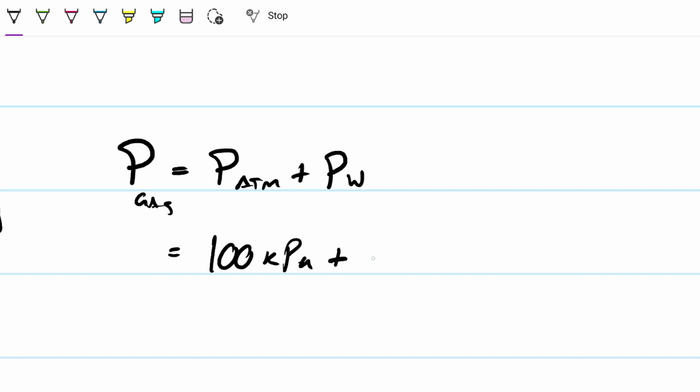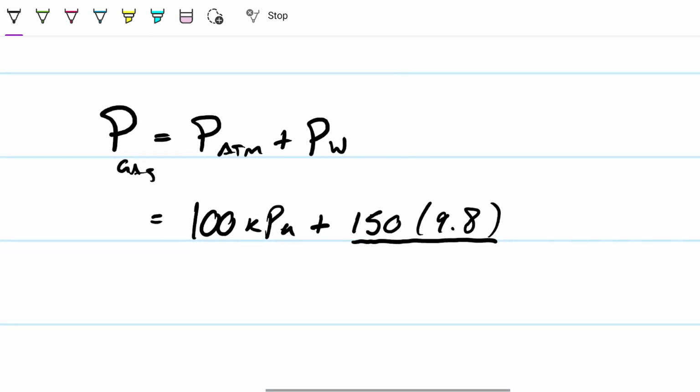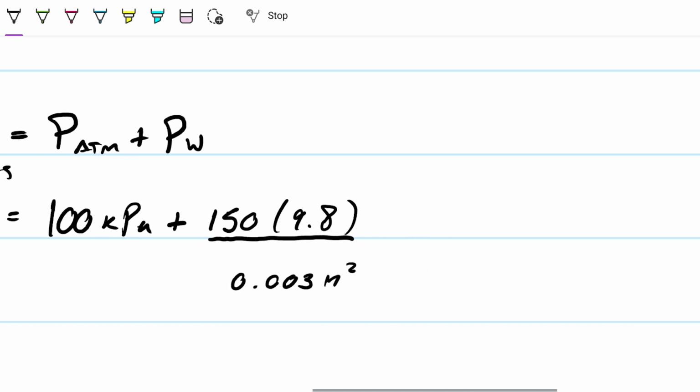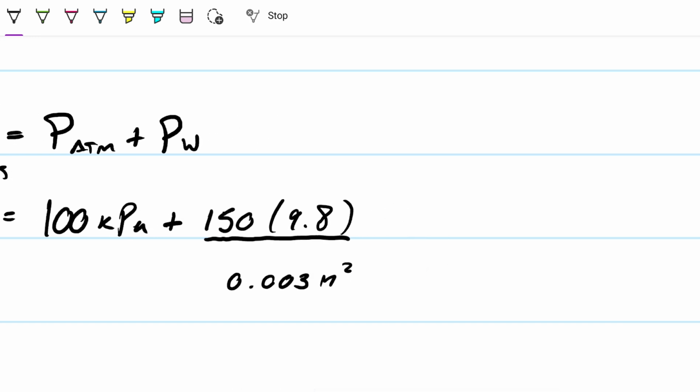That's just 150 kilograms times, call it 9.8 meters per second squared, the acceleration of gravity, and then divided by the area, which is 0.003 meters squared. Okay, unit wise, let's check before we do something silly here.